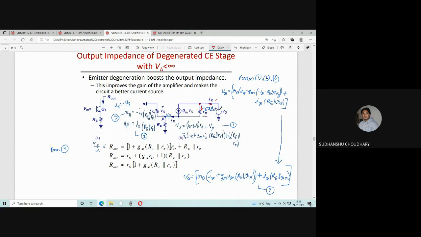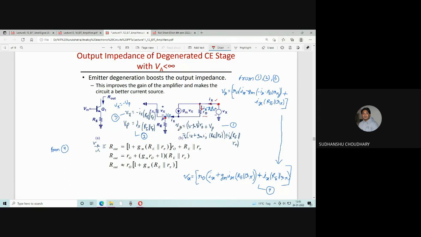Now one can apply KCL in this part, from here to here, to say that Vx would be equal to the drop across R naught plus the drop across Re.